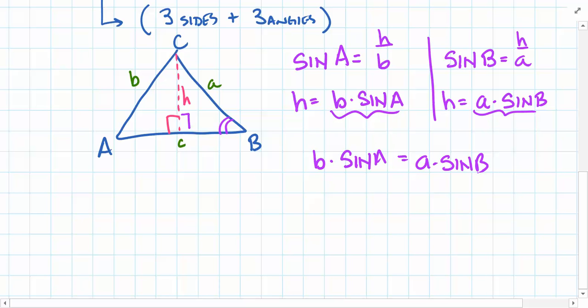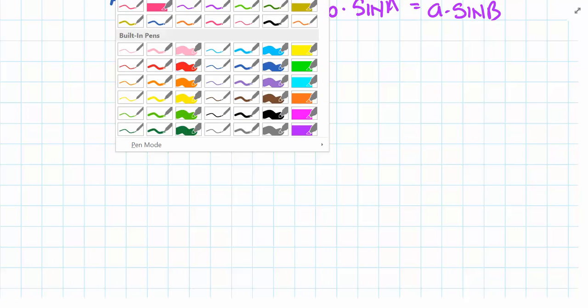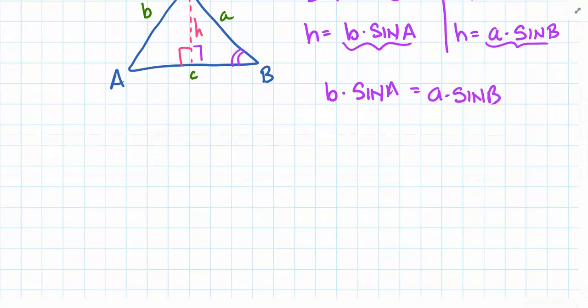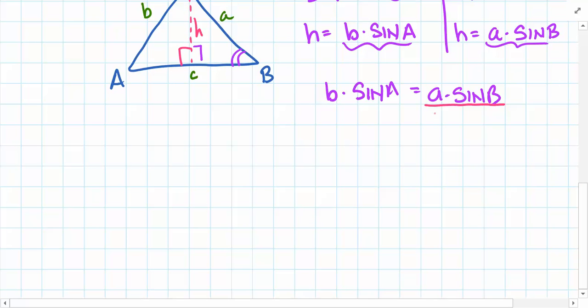Okay? Now, I'm going to do something kind of tricky, but legal nonetheless. I'm going to divide both sides by sine A times the sine of B. And does anything neat happen for us?